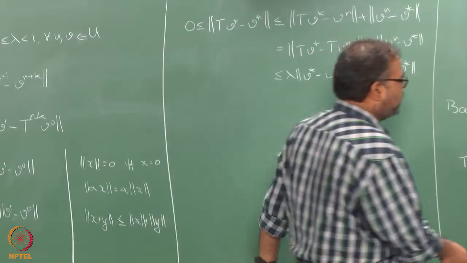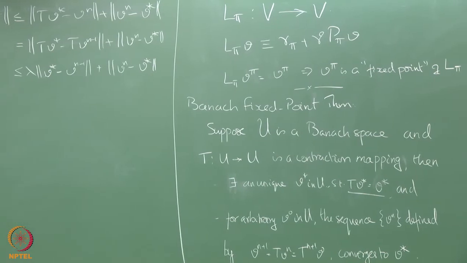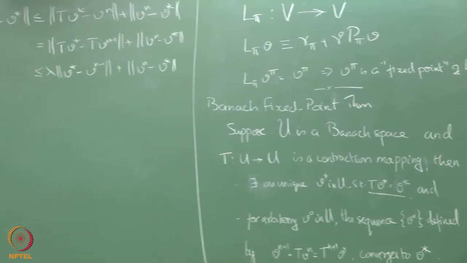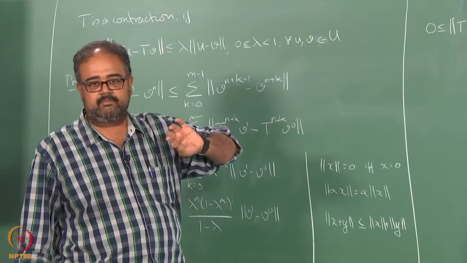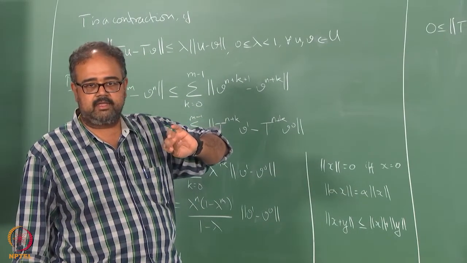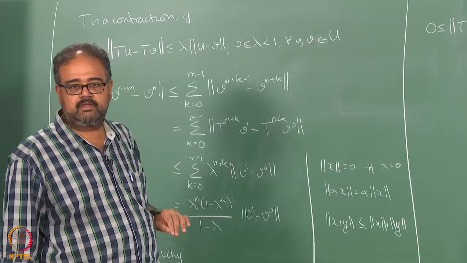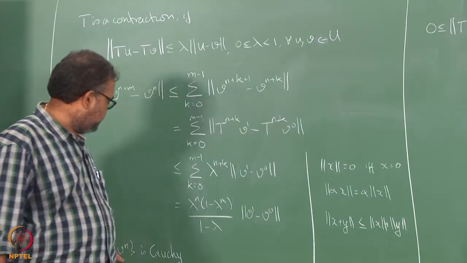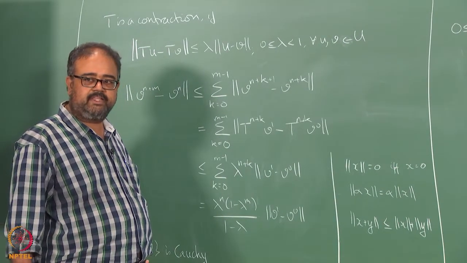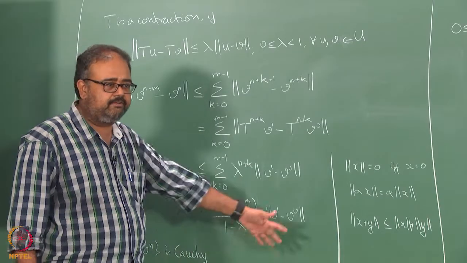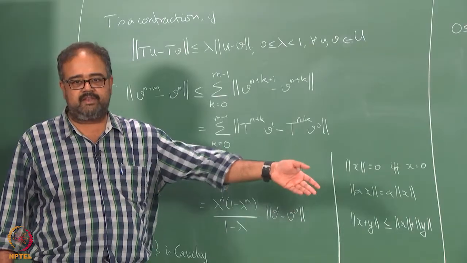What I am trying to prove is that T V star equals V star, that V star is a fixed point of T. The fact that Vn is Cauchy tells me that if I apply T infinitely often enough, I will anyway converge to and reach V star.